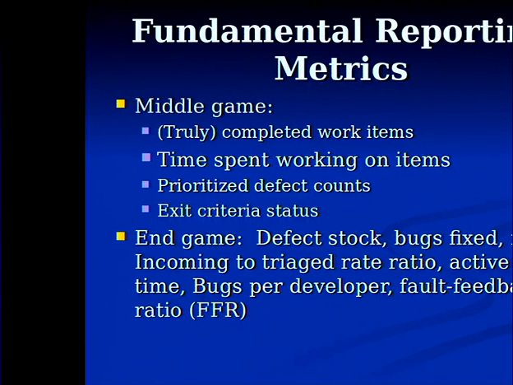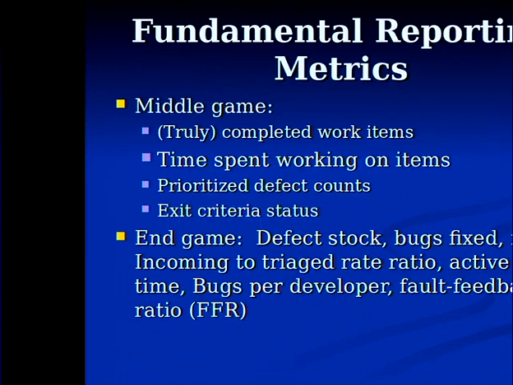The total number of defects in the repository, the number of defects that have been marked as fixed, perhaps closed or resolved, and then the number of incoming bugs, for example, that have been reported in the last week, and how many have been put aside in the last week as not being fixed.